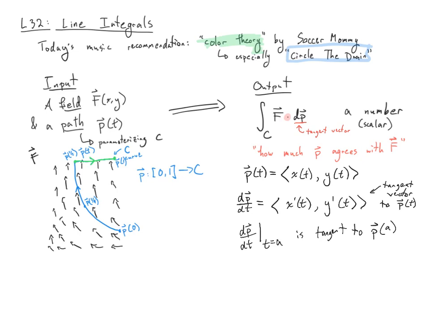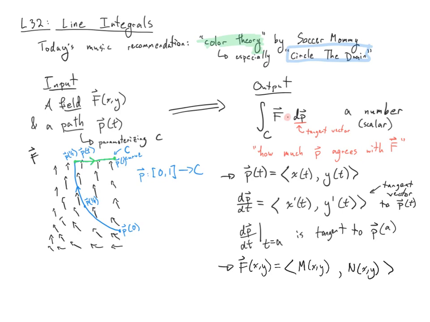Now, in order to make sense of this expression, what I'm going to do is actually fix this notation here for p, and I'm also going to fix notation for f. So I'm going to write f, which we said was a function of x and y. Well, it's vector valued, so it has to have two components because it's from R2 to R2. And I'm going to call the first one m of x, y, and the second one n of x comma y.